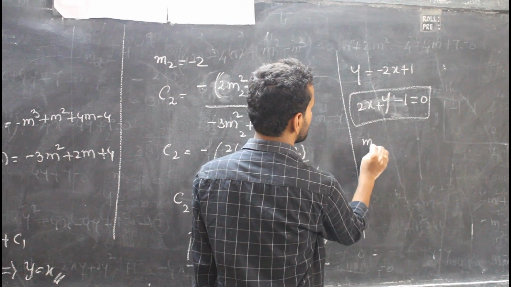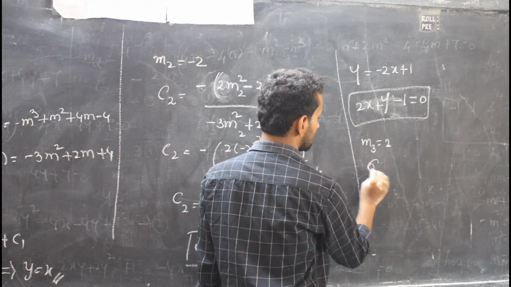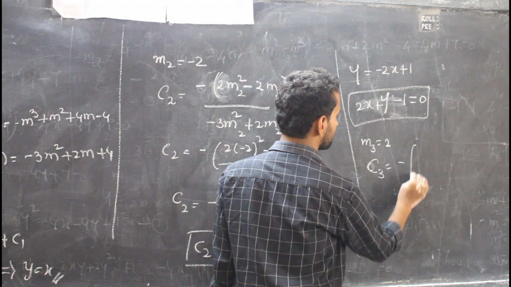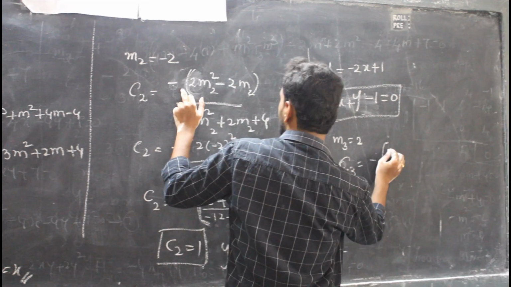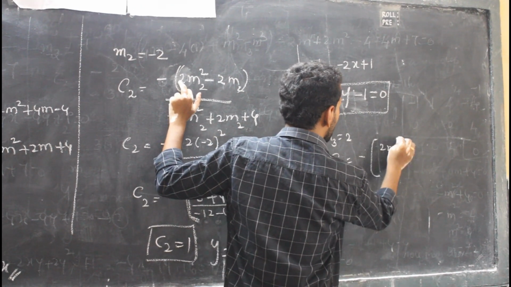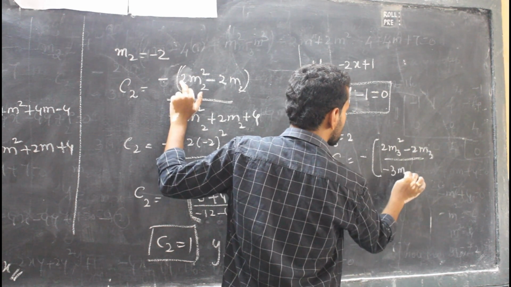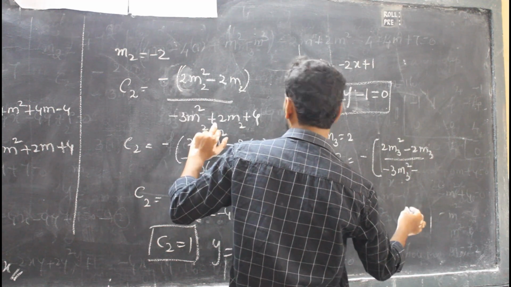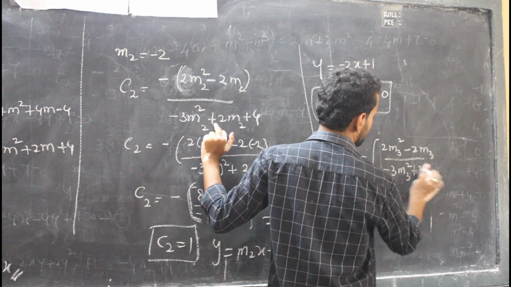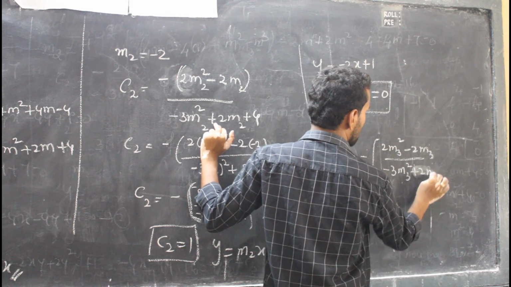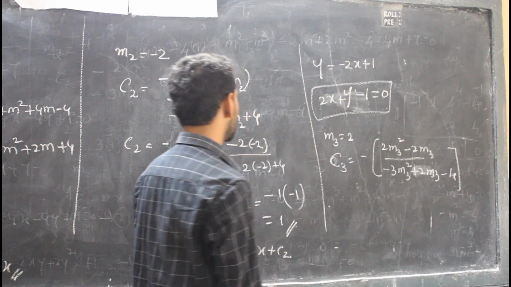So now m3 equal to 2 I have. For that, c3 equal to minus of 2m3 square minus 2m3 divided by minus 3m3 square plus 2m3 plus 4. Is it clear?